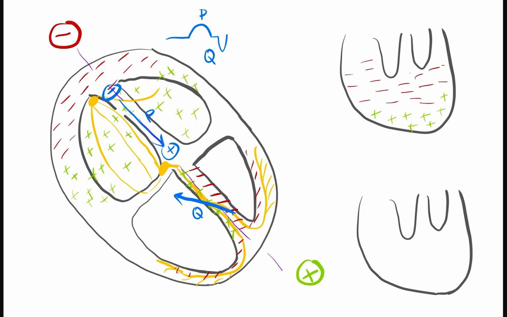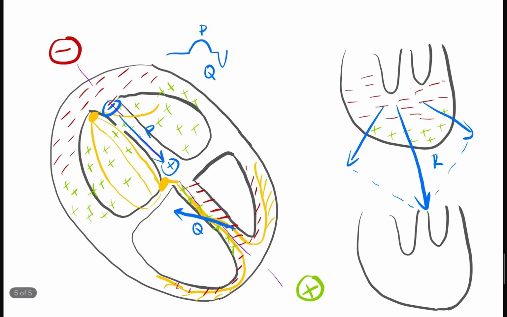So the rest is still not depolarized. And we are gonna have two vectors here, because it's going again from minus to plus, and now we are gonna connect the vectors, and we are gonna get the main vector, which is the R wave.